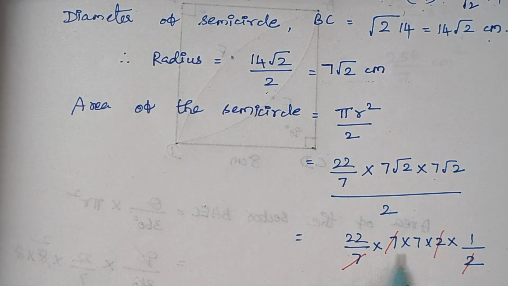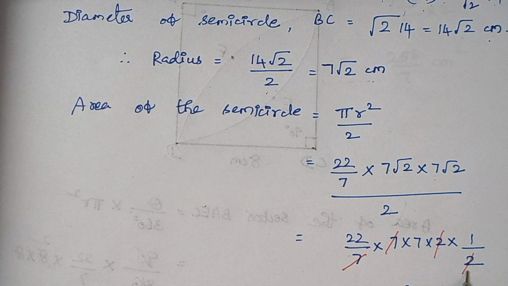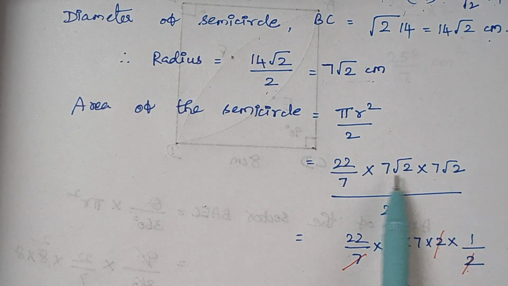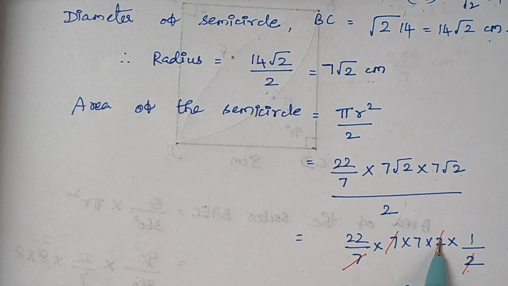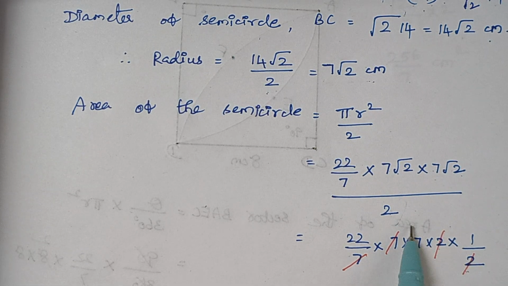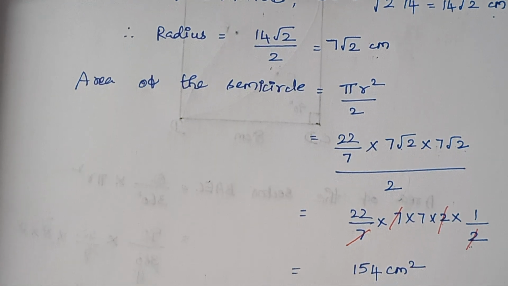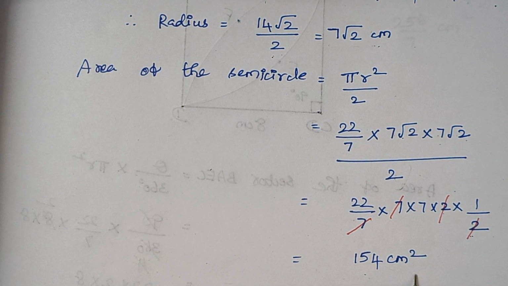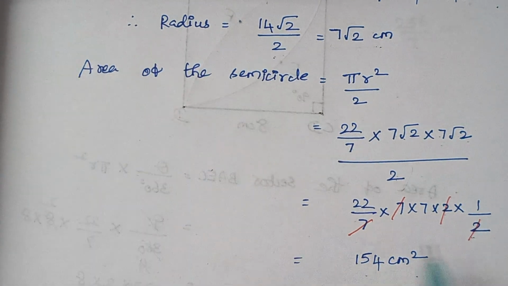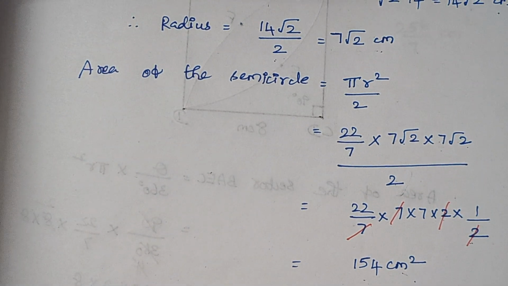So write the numerator part as such and this 2 I am writing as 1 by 2 here, right? So 7 and 7 remain as such, root 2 into root 2 becomes 2. So this 2 and 2 get cancelled and this 7 and 7 cancel, and finally I end up with the answer as 154 centimeter square, because it is area, so here it is square, right?